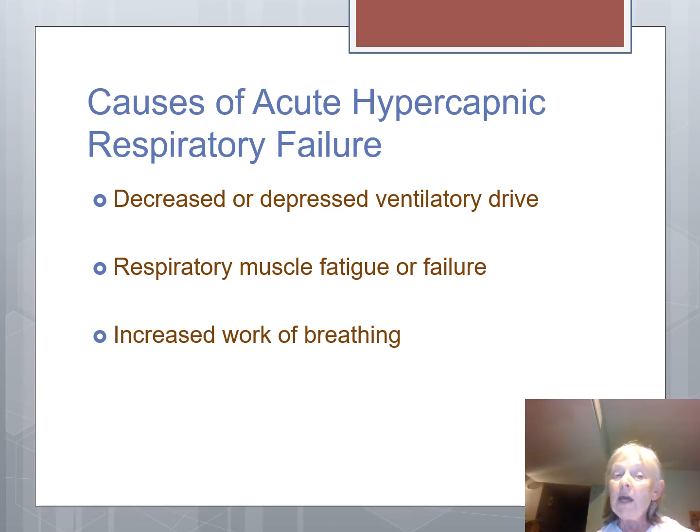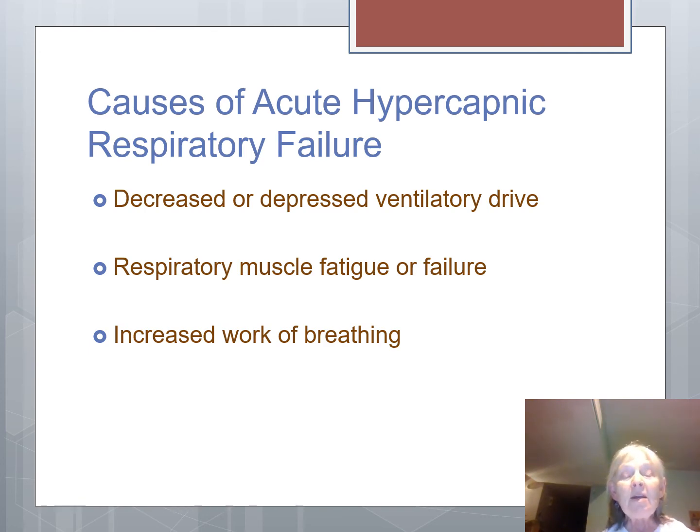If everything is okay with the brainstem, they don't have a neuromuscular disease or anything that's going to affect the message being transmitted beyond the respiratory muscles, then we're looking at the increased work of breathing. Increased work of breathing is what we see with our patients who have COPD, asthma, anybody who's working really hard to breathe.